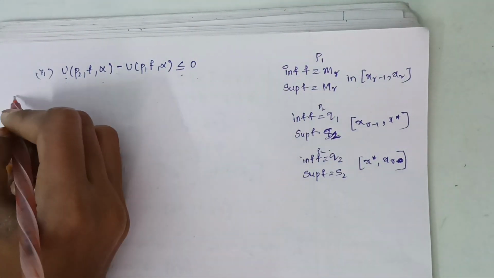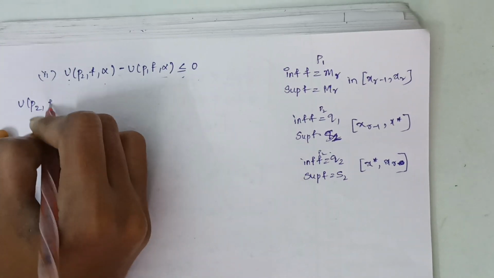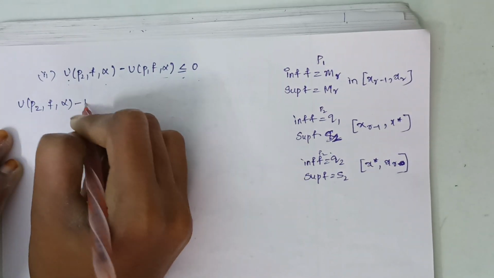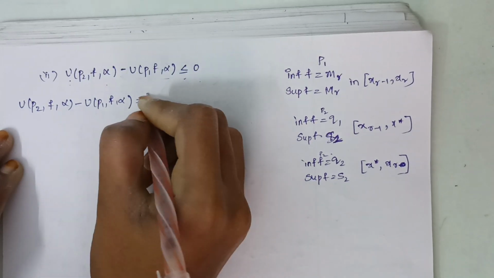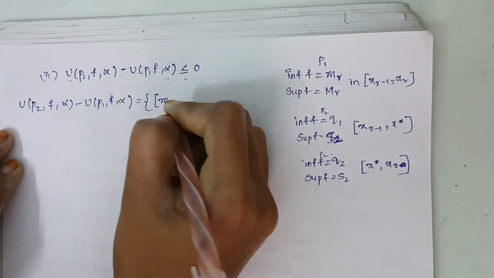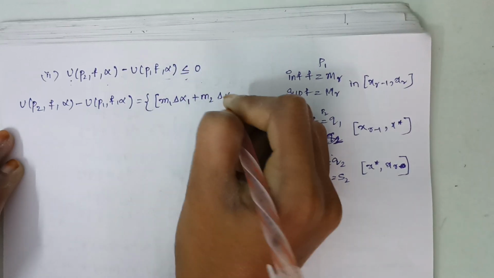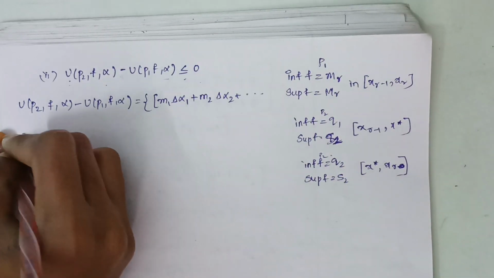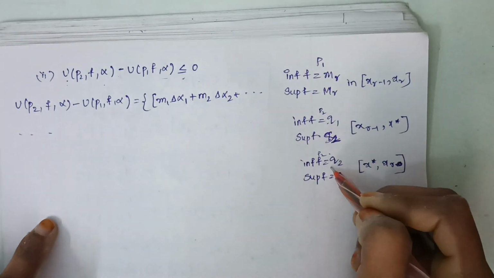And now the same. Consider this LHS part, U of P2 comma f comma alpha minus U of P1 comma f comma alpha, which is equal to M1 into delta alpha 1 plus M2 into delta alpha 2 plus so on. And we are in partition P2. In P2 there are 2.